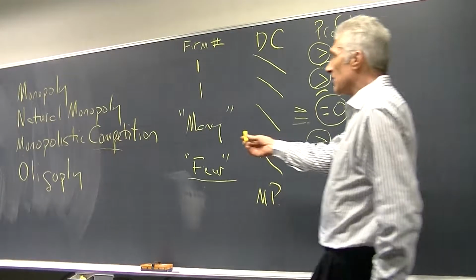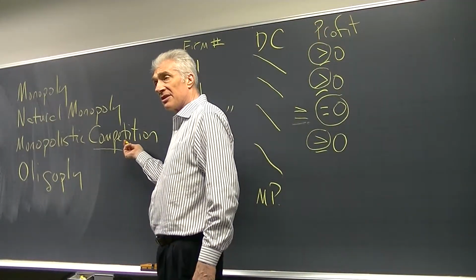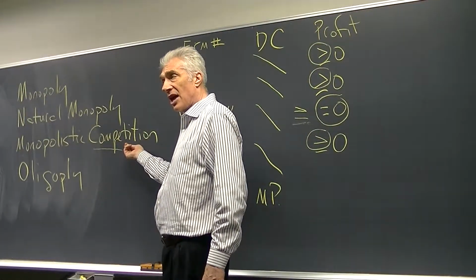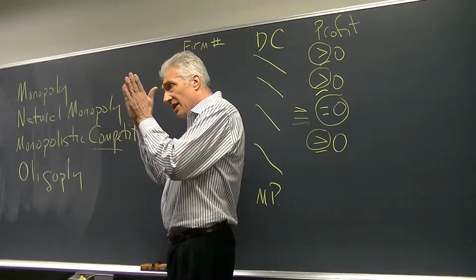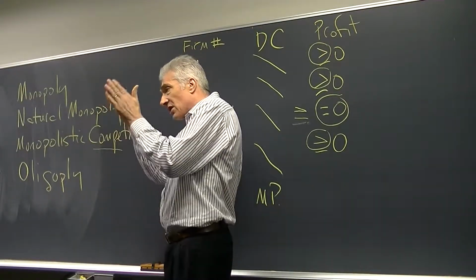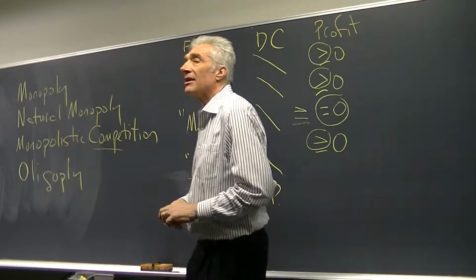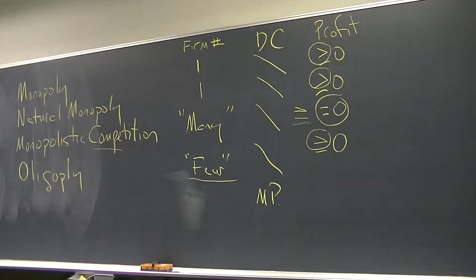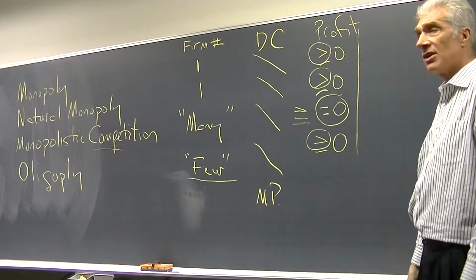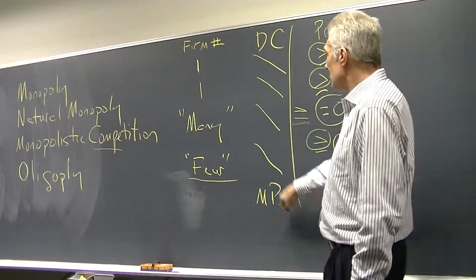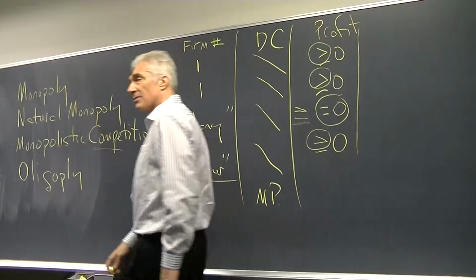There's price discrimination that goes on in monopolistic competition, where firms sell products that discriminate on the demand curve. But I'll explain what I mean by that. That's all I was looking for on number 11.